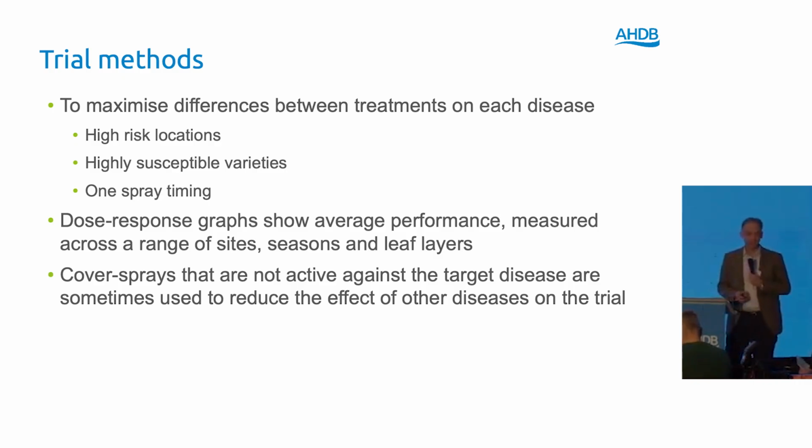That dose response gives us a response both across leaf layers, but also across sites and across seasons to give us a really robust indication as to how products compare and how they perform. We do also sometimes apply cover sprays where, for example, the target is septoria. We might use azoxystrobin to control rusts so that we're looking at one disease at a time. We think that's quite important. Otherwise, it's quite a mixed message that we get out of the trial.